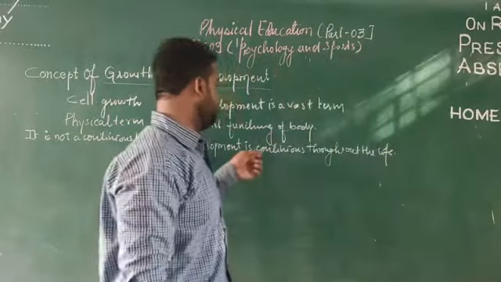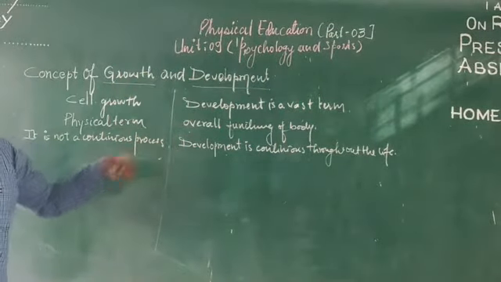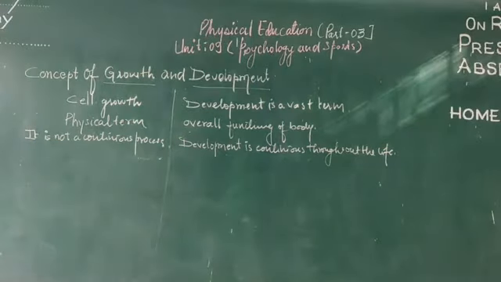But development is a continuous process. It will continue throughout life, right? Development is very important because it is continuous throughout life: the development of the thought process, the development of ideas, and so many things.